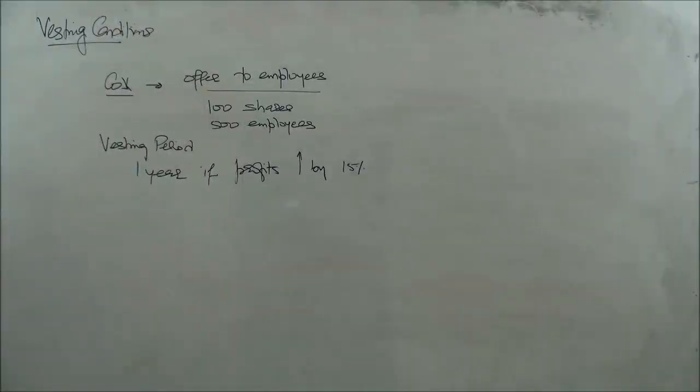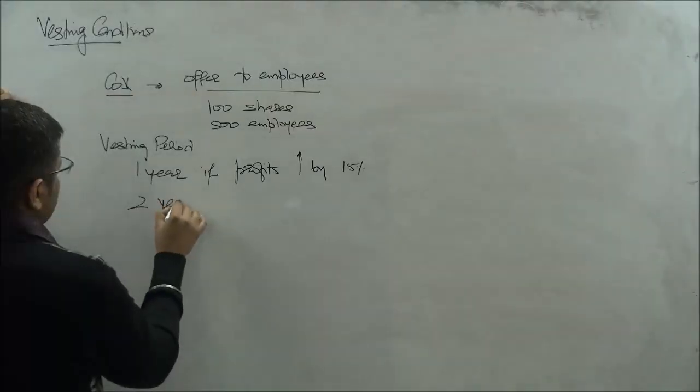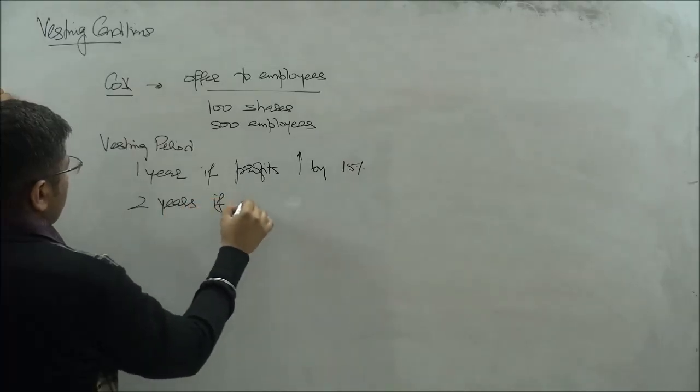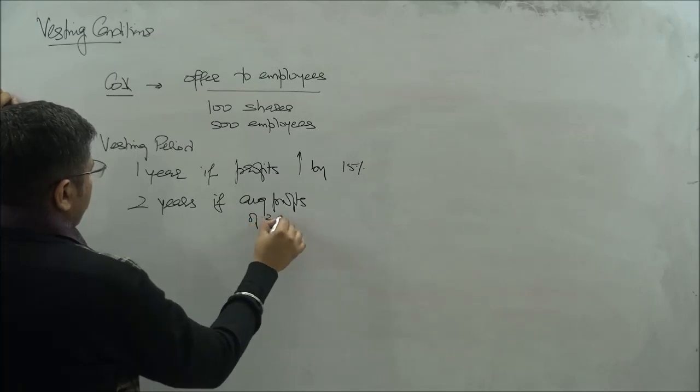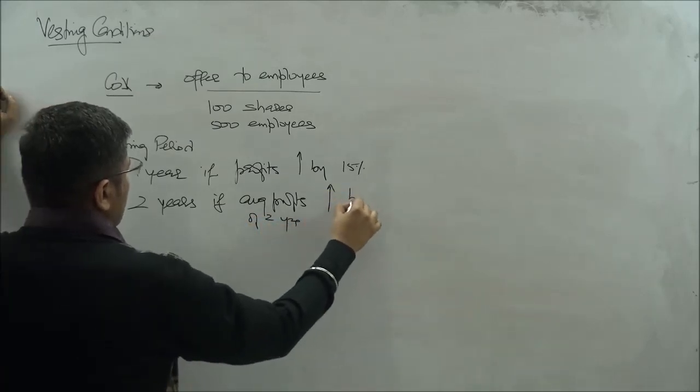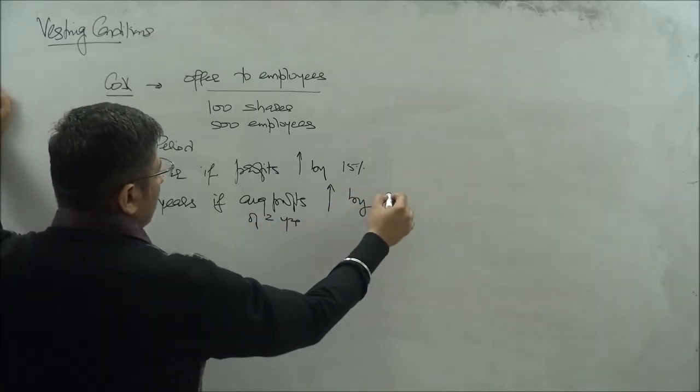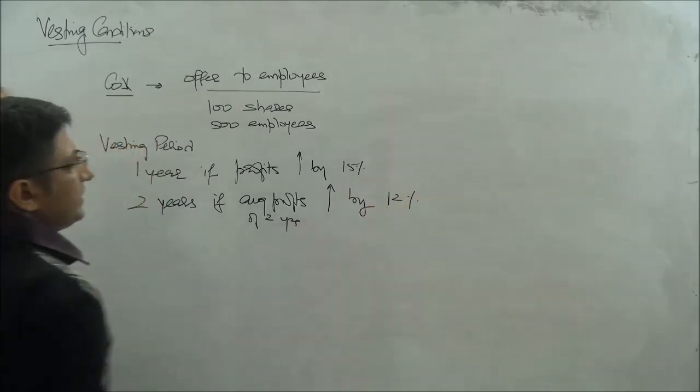But just in case, let us say we are talking about a scenario where the vesting period shall be 2 years if average profits of 2 years increase by 12%.